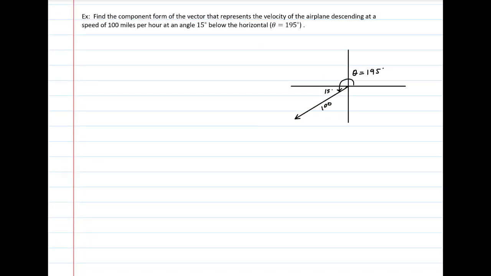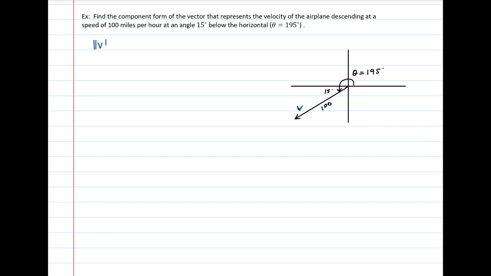So here we have an application of direction angles and finding the component form of the vector that represents the velocity of an airplane descending at a speed of 100 miles per hour at an angle of 15 degrees below the horizontal. Here, looking at the graph, they give you that the actual direction angle is 195.